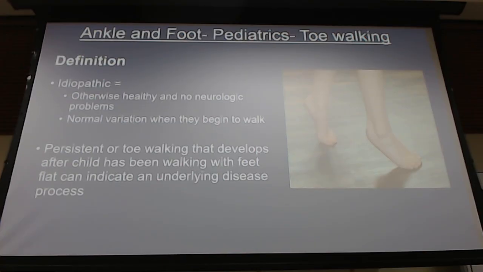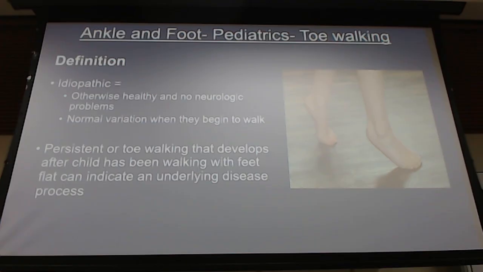Now, when a kid begins to walk and has been walking normally, flat-footed, and then begins to walk on their toes and refuses to put their feet down, then you should be a little more concerned. So, for kids that are just beginning to walk, toe walking is normal.